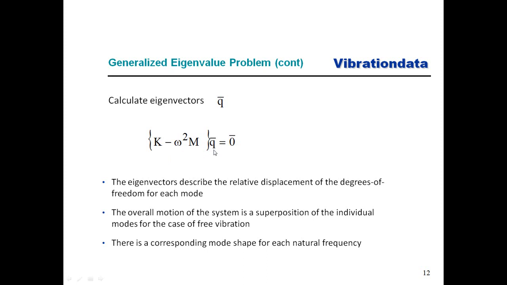Now it turns out that for this q value, there are not going to be exact values. There's going to be an unknown scale factor involved in calculating these eigenvectors. Q is the eigenvectors. And with that, we can choose that scale factor to achieve a certain purpose, which will be shown to you here shortly.